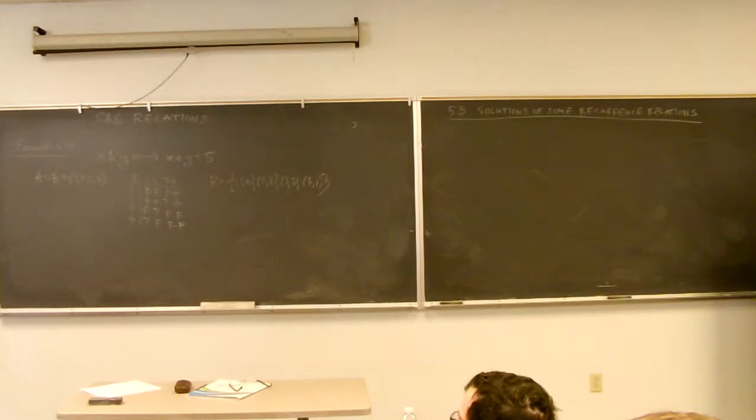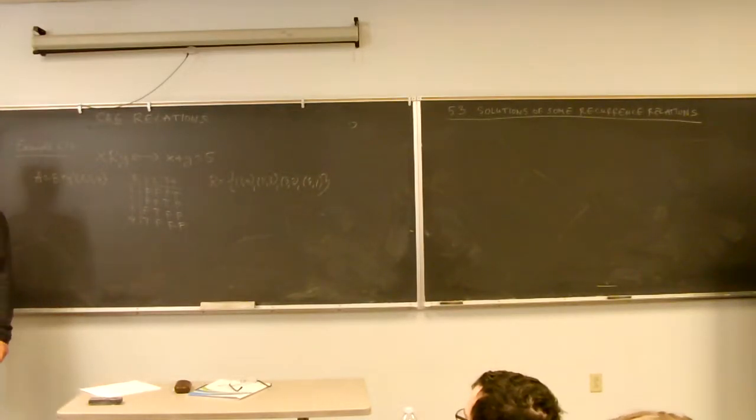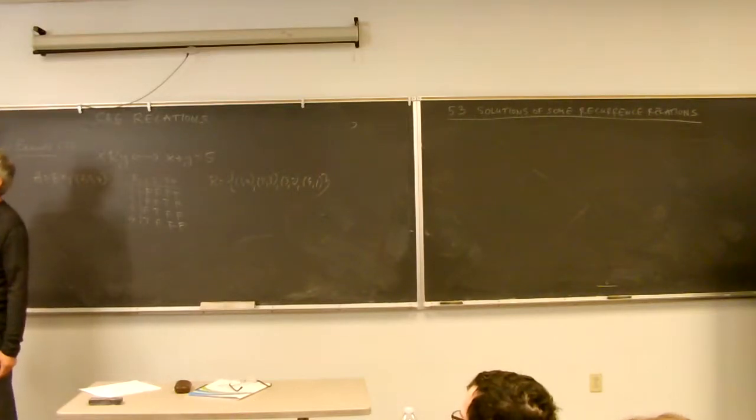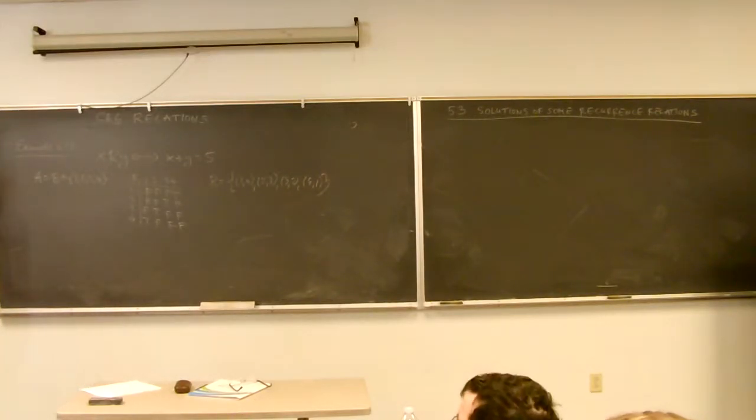So don't always assume that if they are related in one order, they are related in the other order. Not all relations are symmetric. So L is related to D. Who else is related? D is related to C. D is related to B. B is related to A.